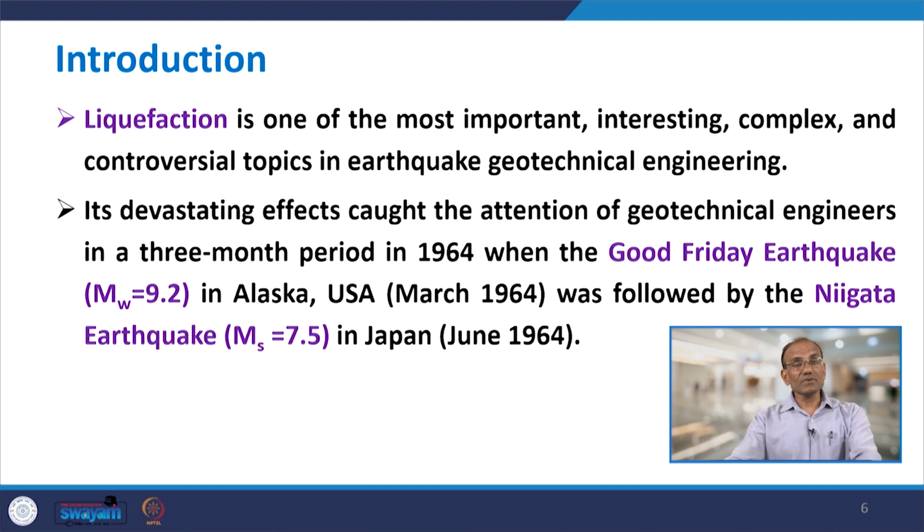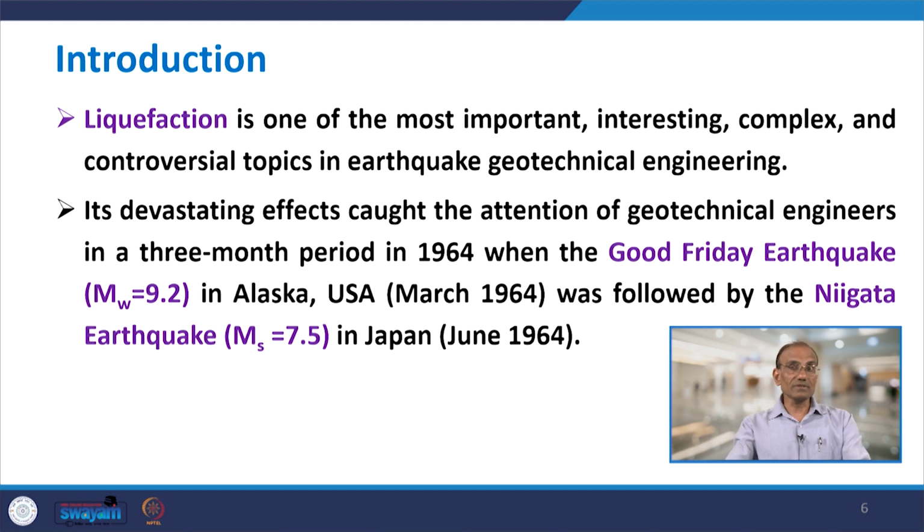Though the term liquefaction was coined around 1952 and 53 by Japanese scientists, the actual worth of liquefaction studies can be considered from 1964 onwards, when two of the largest earthquakes occurred. One was the Good Friday earthquake of 1964, with magnitude 9.2, in the Alaska province of the United States in March 1964.